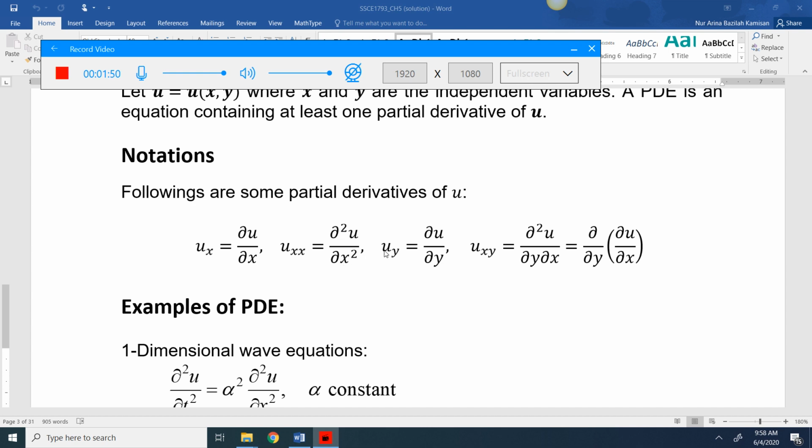If they write uy, it means they differentiate with respect to y. And if they write uxy, it means ∂²u/∂y∂x, or you can also write it in a separate form like this.